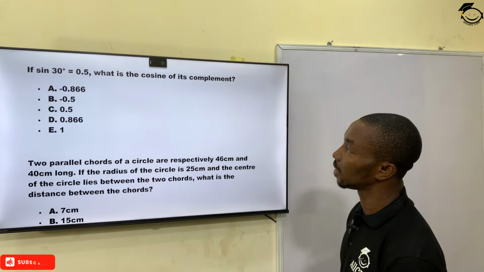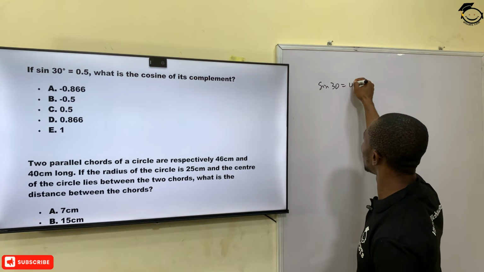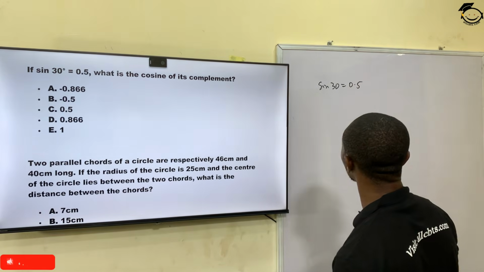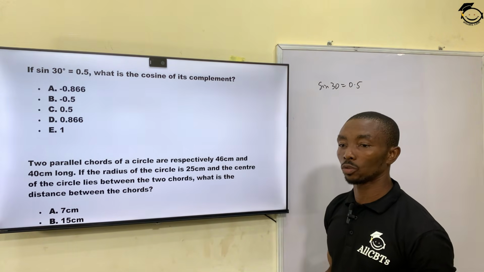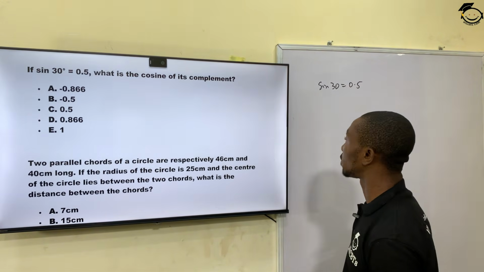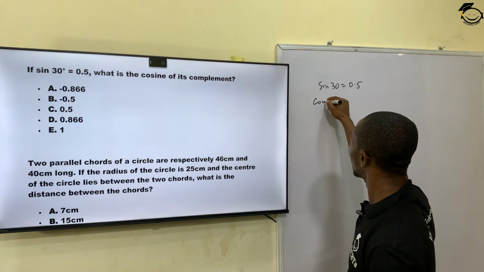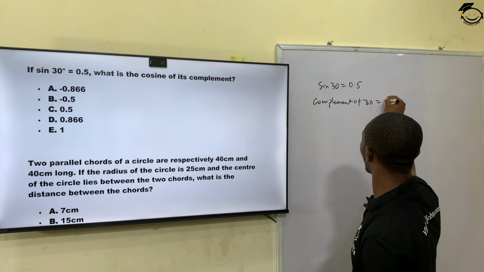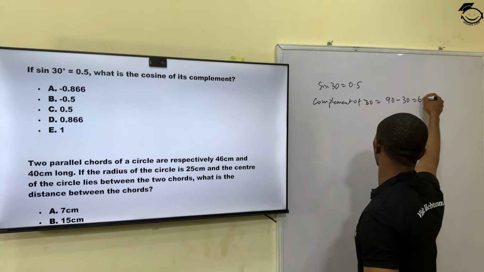If sine 30 equals 0.5, what is the cosine of its complement? Now, when we talk about complementary angles, we talk about two angles that sum up to 90 degrees. So for the complement of 30, we are having it as 90 minus 30, which will give us 60.